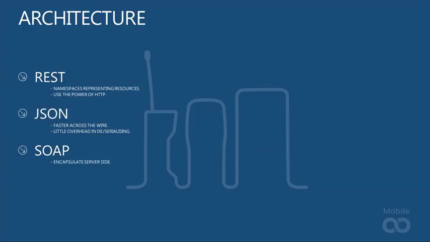The idea is using namespaces representing resources and utilising the power of HTTP. By using REST as opposed to SOAP over the wire, you get all the benefits of all the internal network infrastructure around caching through proxies and things like that, at no cost to you.